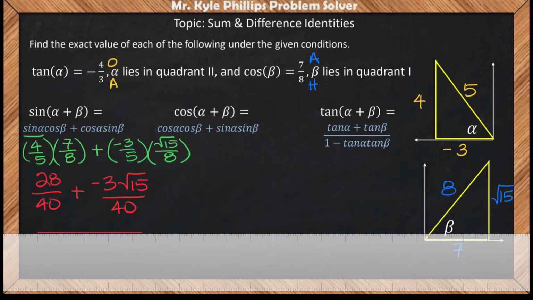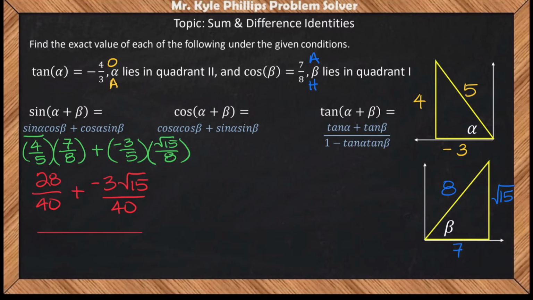Because my denominators are the same, I can write this as one fraction, and that will be 28 minus 3 times the square root of 15, and this will all be over 40. I'm going to move this down just a bit so that we have a little bit of separation here. There we go. So that's going to be sine of alpha plus beta.